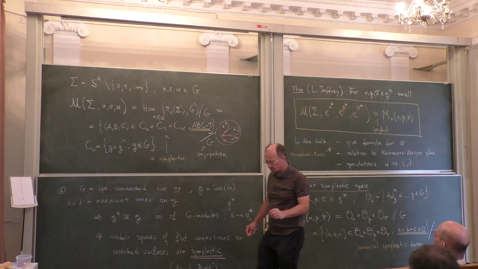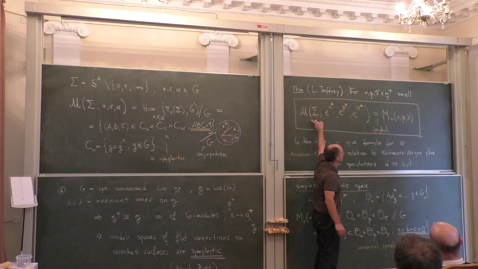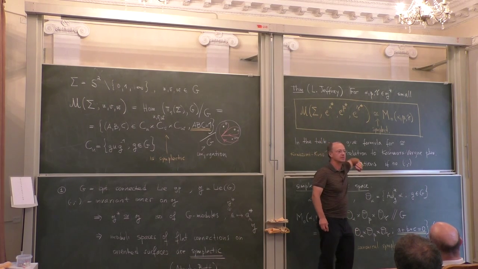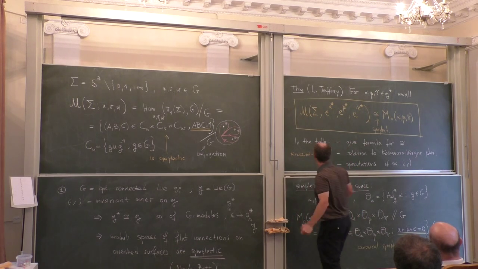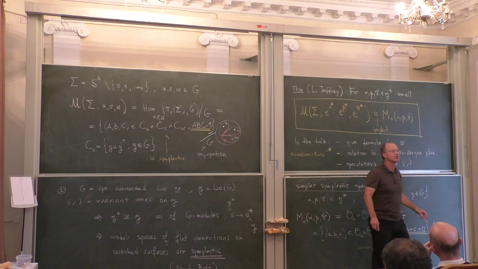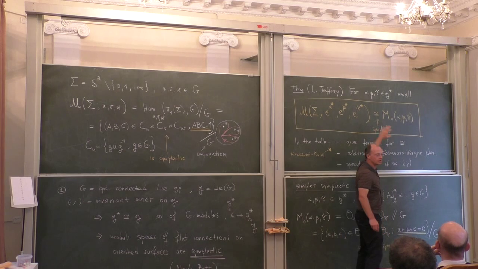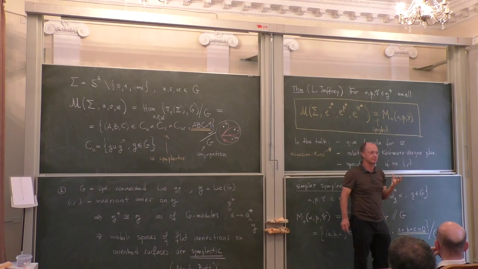Now, if you look at the story for higher genus, then typically this space on the left will remain compact, possibly a singular compact symplectic space. But the space on the right, typically for its higher genus analog, becomes a non-compact space. So they can hardly be symplectomorphic, but they can be locally symplectomorphic.